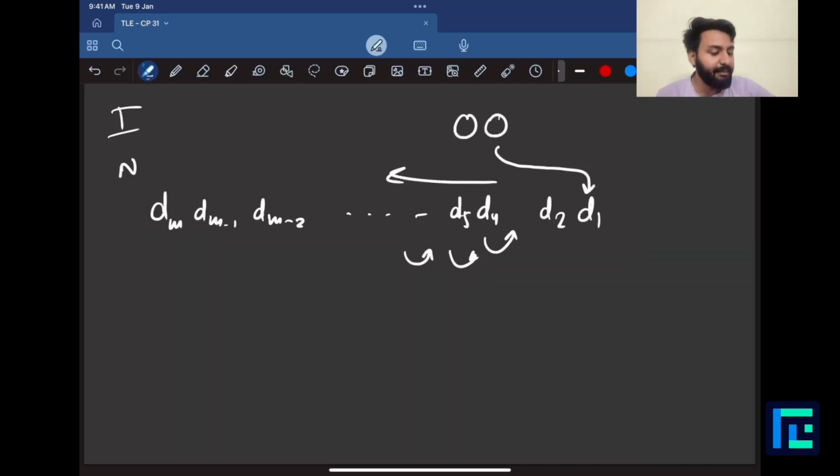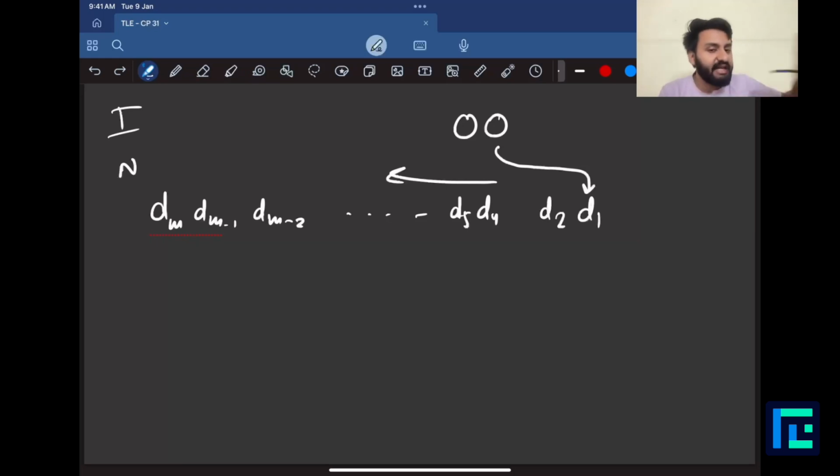And now the digits on the left have indirectly come closer to the ones place. D4 has come closer to D1, D5 has come closer to D1, and so on. Which means removing digits makes the digits on the left hand side move closer to the ones part.